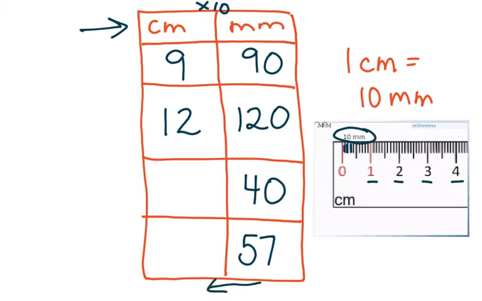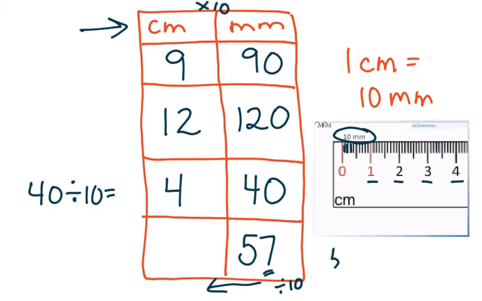12 times 10, well, 12 times 1 is 12 with 1 zero behind it. Now, when we move in the opposite direction, we are doing the opposite operation, or the inverse. We're dividing by 10. So 40 millimeters would be how many centimeters? 4. Sometimes they're not multiples of 10.